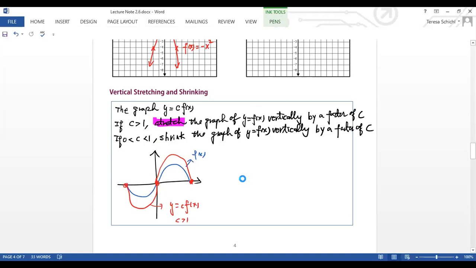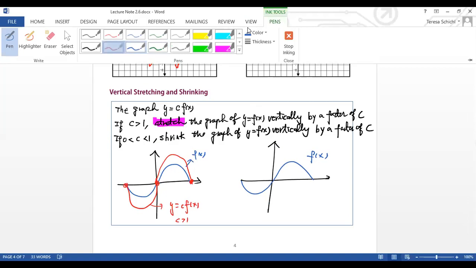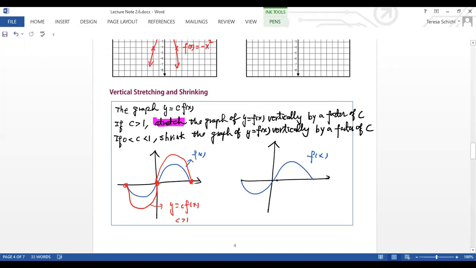Now let's take a look at this function here. It's the same idea. The blue one is my f of x. Now if you multiply by something less than 1, let's say 0.5 or 0.7, all these values are going to be lower, because you multiply by the factor 0.7 or 0.5.